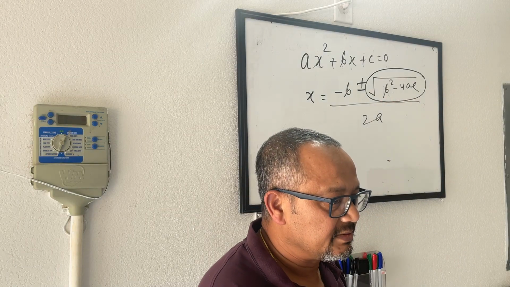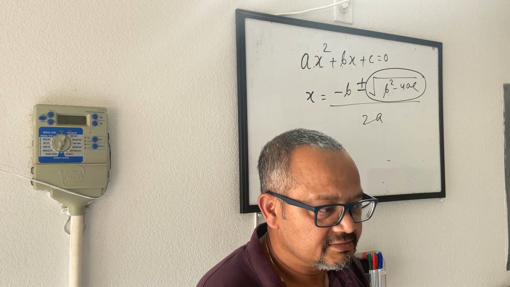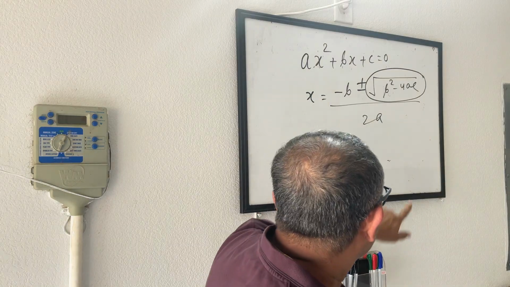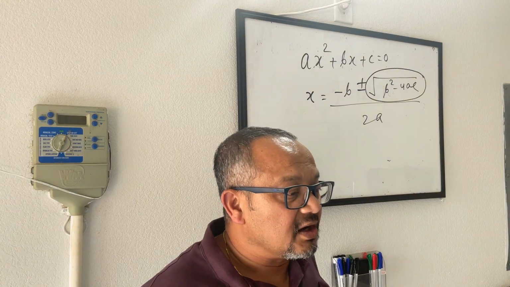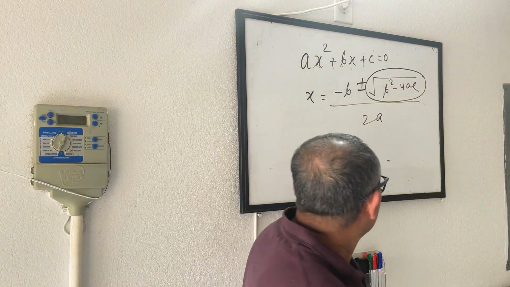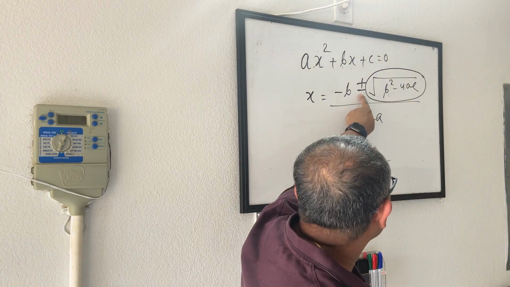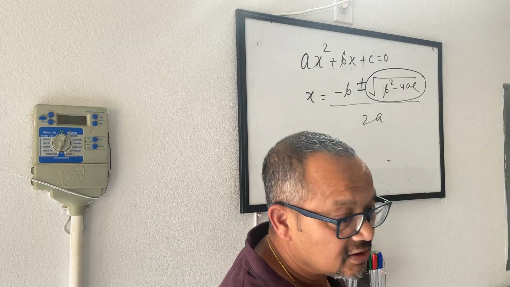Is that acceptable to everybody? Jana, Ananya, Saranya, everybody, Neil, somebody, yeah? So basically, this guy helps you determine how many solutions you will have. If b square minus 4ac results in a 0, plus and minus make no difference in our lives. That means we'll have only one solution.